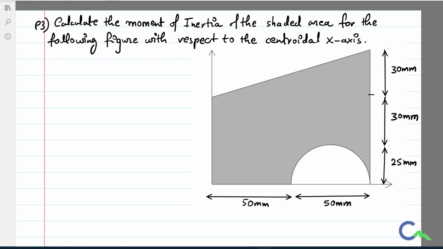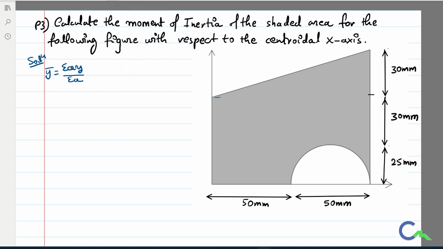So let us locate the centroid first. In the solution part, if I want to locate the xx axis, I have to find y bar, that is sigma a into y divided by sigma A.